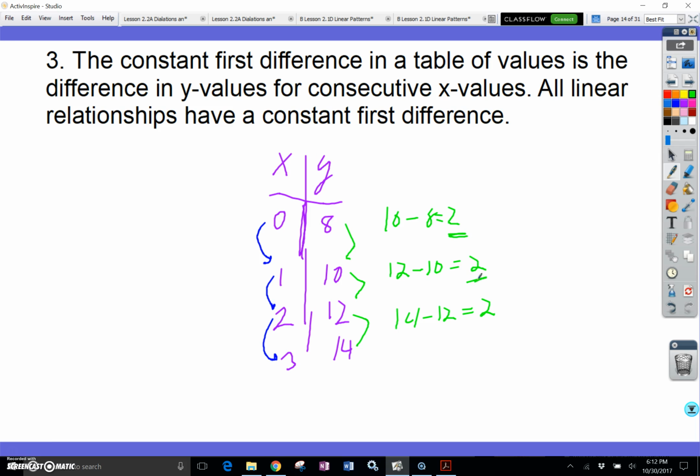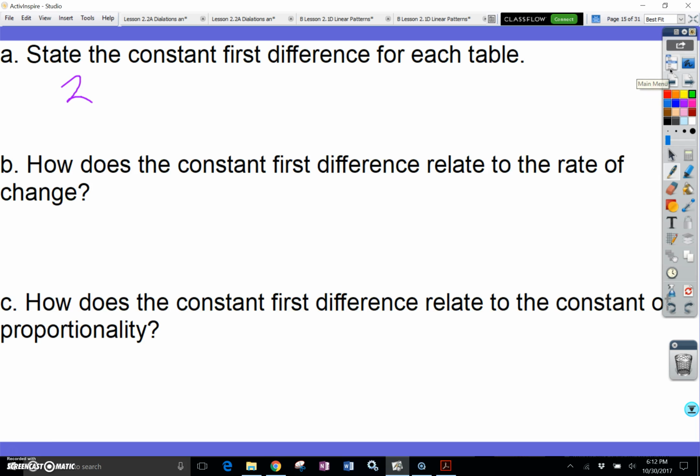This is a constant first difference. Therefore, it is linear. So the first difference is all 2, so it is linear. So it is also 2. How does the constant first difference relate to the rate of change? They are the same.